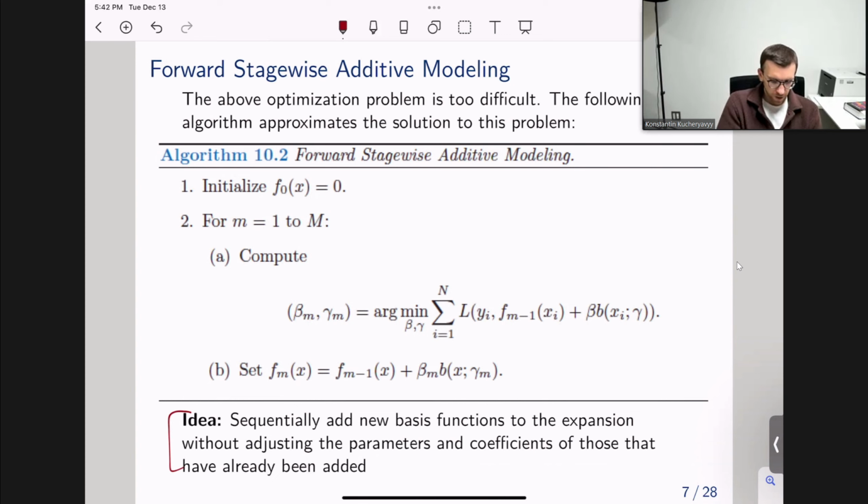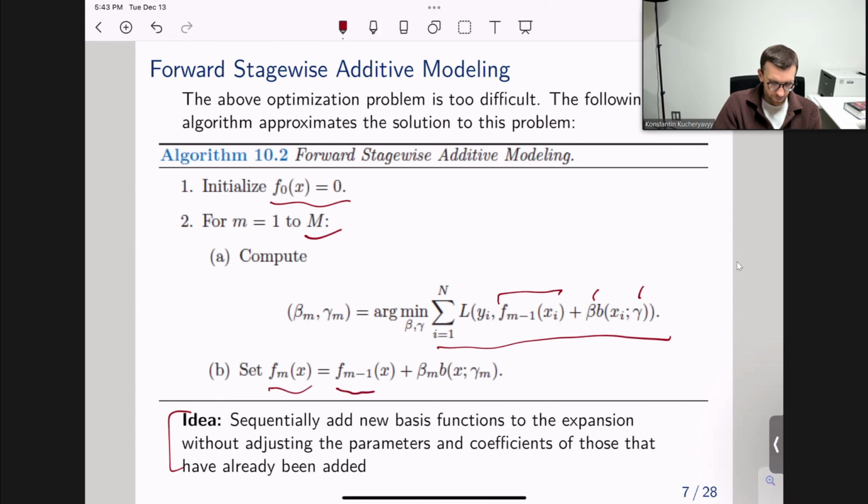So we start, say, with the forecast, the prediction 0. Then we choose the number of steps, and on each step we minimize this loss function, taking this as given and choosing parameters beta and gamma on this step. Then we update the forecast.